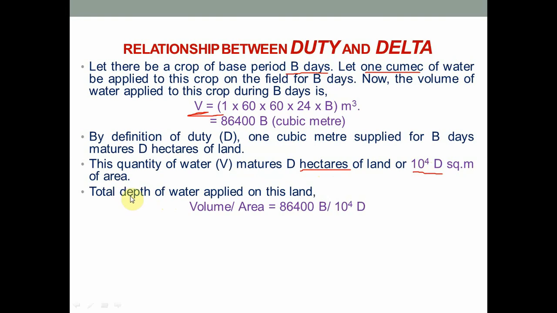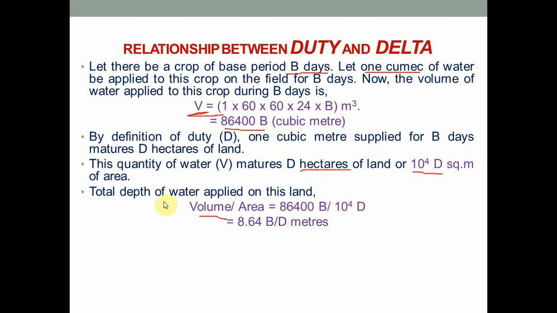So the total depth of water applied on this land will be, now we have to find out the total depth of water. Another formula of volume is area into depth, so depth will be equal to volume upon area. The volume is 86,400 into B, upon area. Area is 10 raised to 4 D, or D hectares.